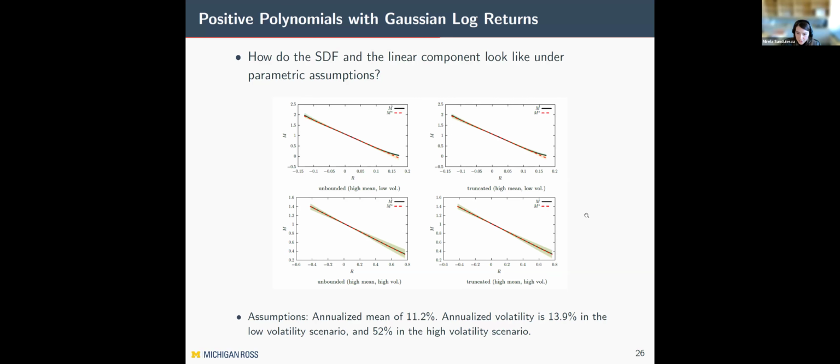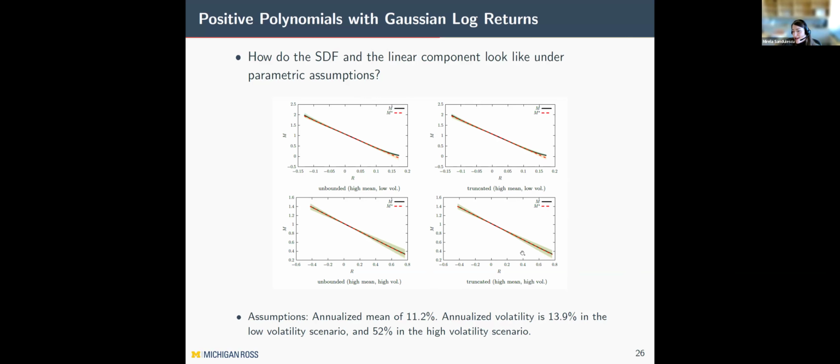Here I'm plotting the worst case scenarios in which we have an annualized high mean of 11% and two different annualized volatilities, one which is low and one which is high. And obviously it's much harder with a low volatility to be able to match a very high mean of these returns. In all of these plots, I'm plotting in black the stochastic discount factor, and in red, the dashed line is going to be the linear component.